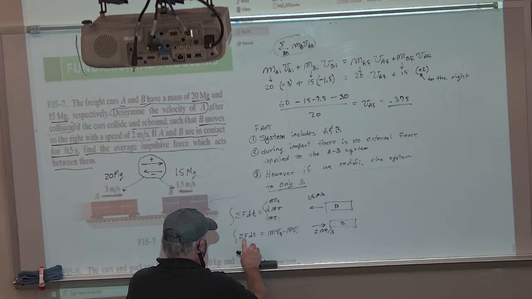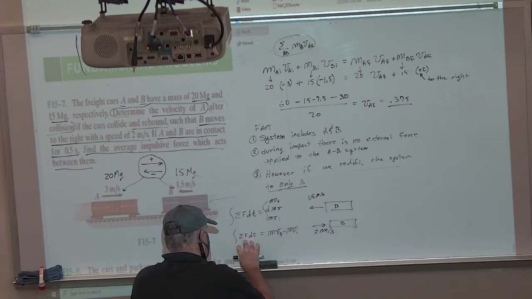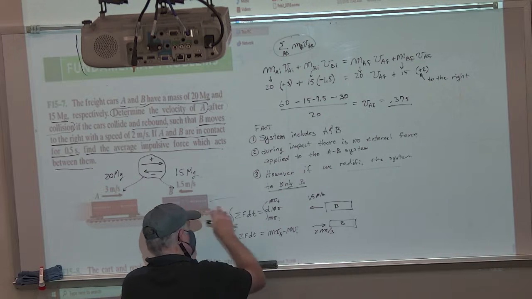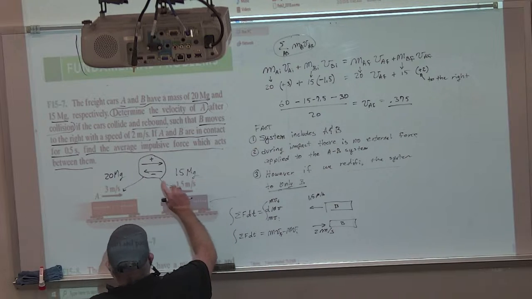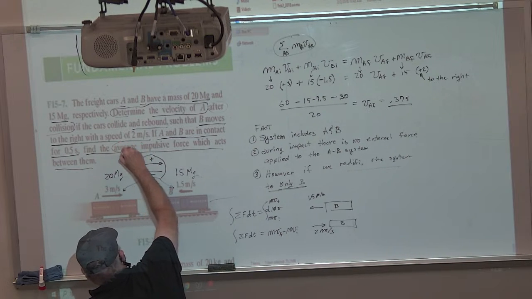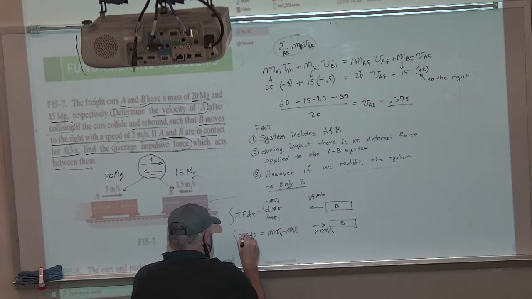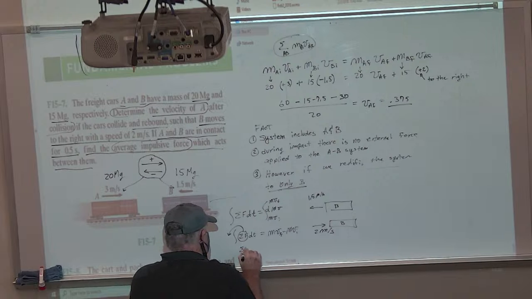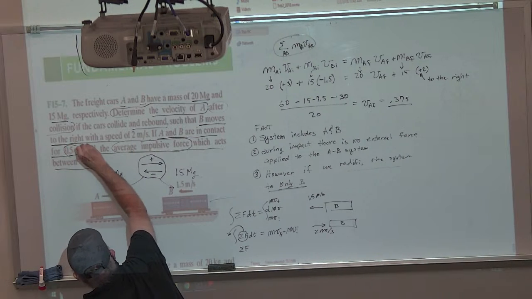Now, this only includes B. Turns out this force was created by the impact of A pushing on B to make it turn its direction. The question asks, what is the average impulse force? So you can pull this out and say sum of the forces, and it occurs over a half a second.